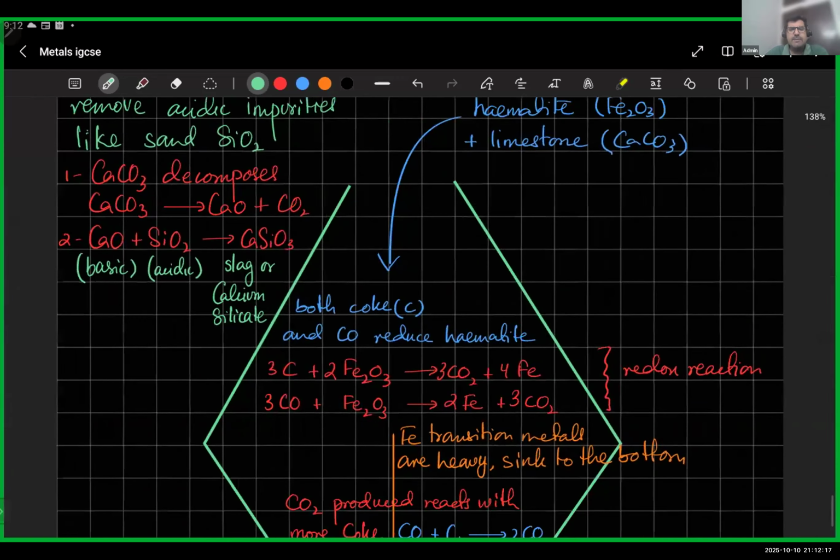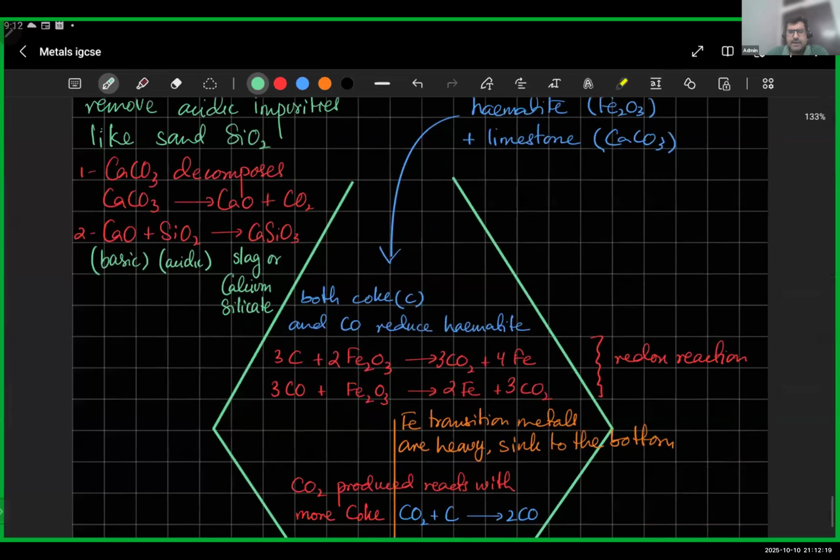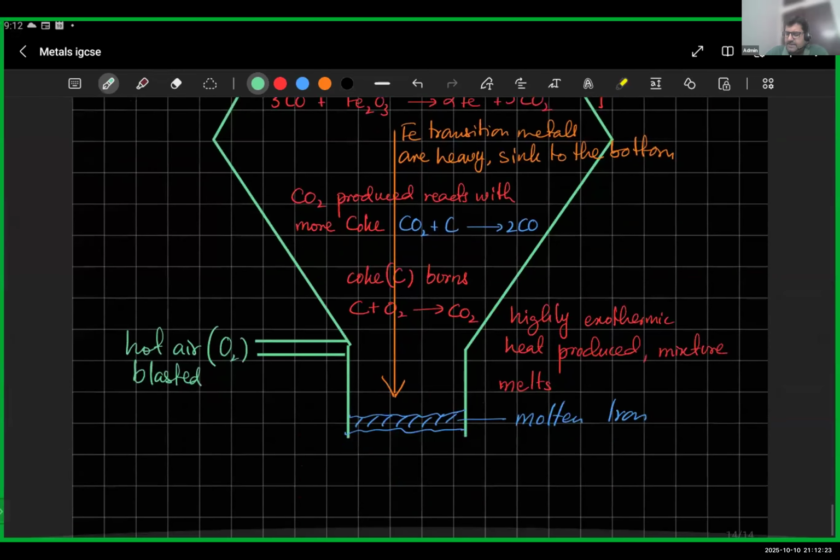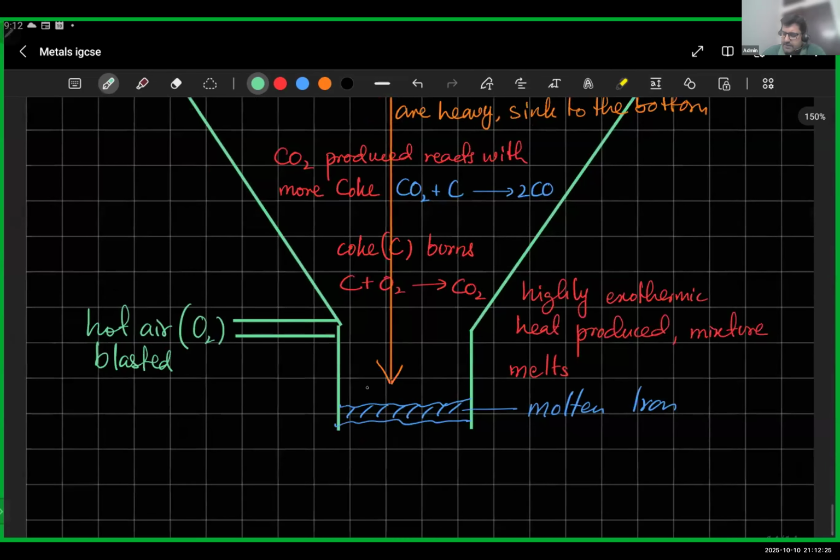Okay, so it's a compound. It's a sludge-like, low density compound. And normally, this slag starts floating on top of the molten iron.